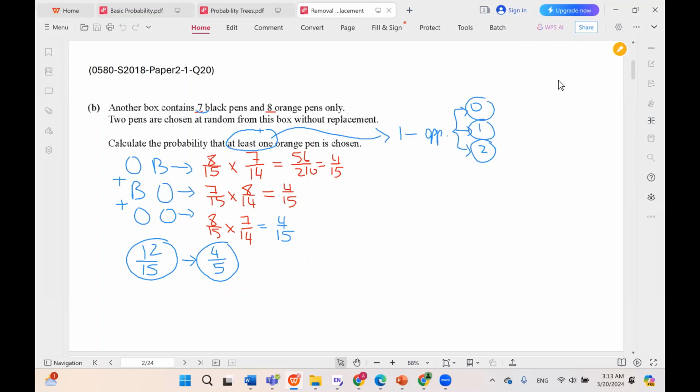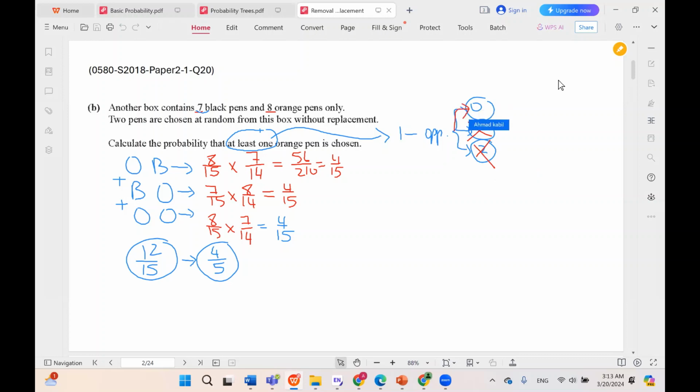So you cannot get 3 orange pens, for example. This is not a proper outcome for this experiment. Since you're only taking out 2 pens, the maximum you can get is 2, or 0, or 1. So at least 1 orange pen means either 1 or 2. So the opposite here would just be 0 orange pens.